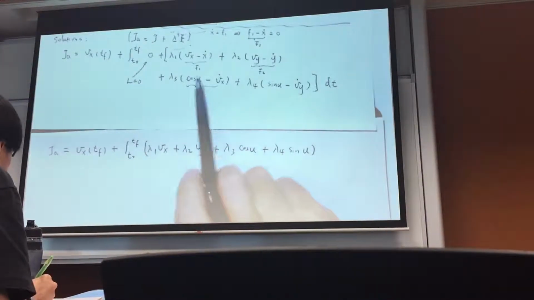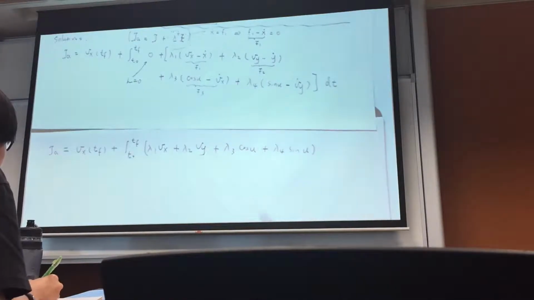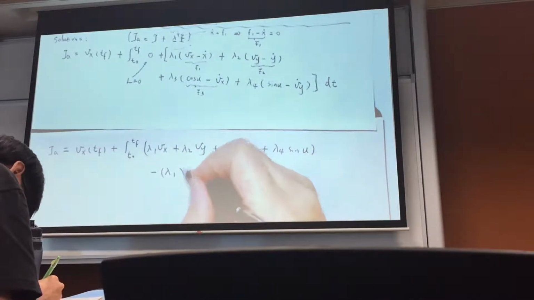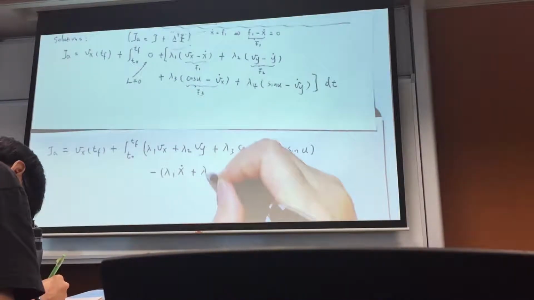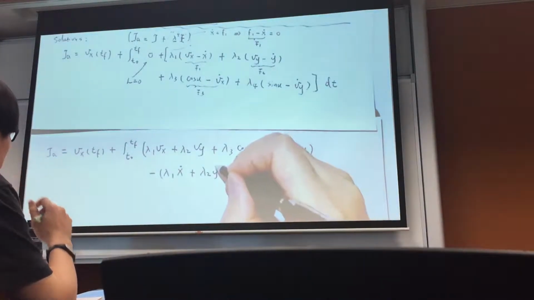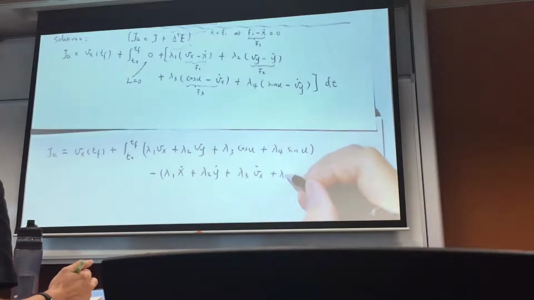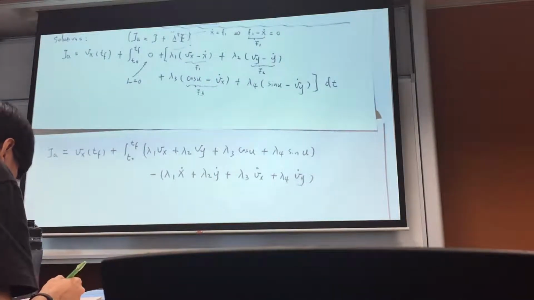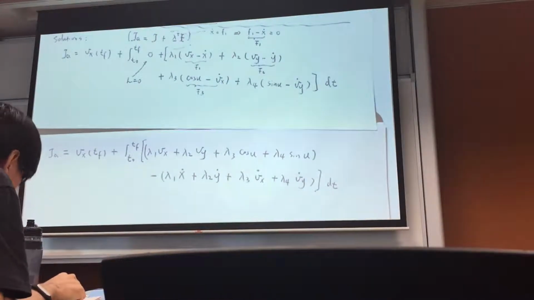This plus the differential part, so it's a minus lambda 1 x dot plus lambda 2 y dot plus lambda 3 vx dot plus lambda 4 vy dot, dt.